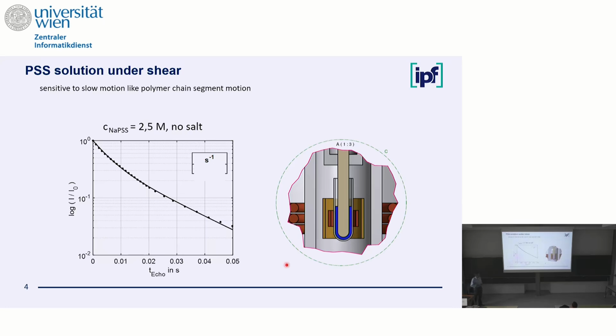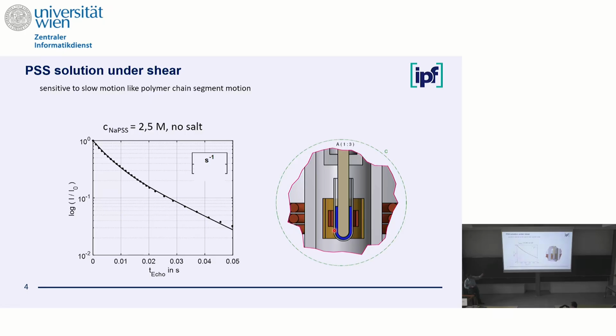So we do the experiments, polymers under shear. I copied it out of a paper on the polymer melt. So we have a Searle cell, double cylinder cell. We have the polymer, so now the polyelectrolyte solution, in the gap between the cylinders. The inner cylinder is rotating.